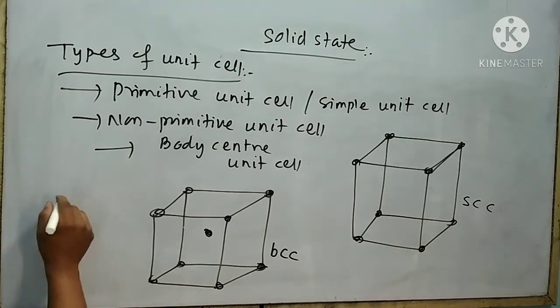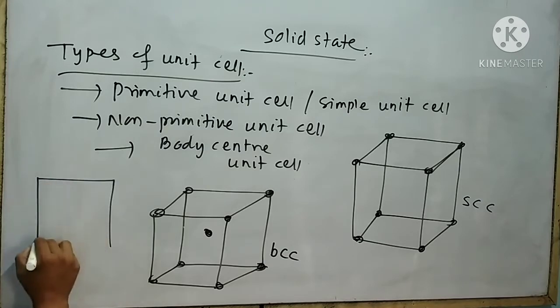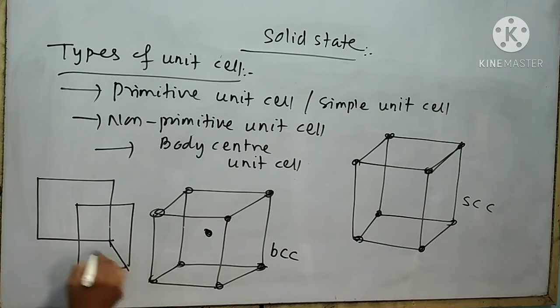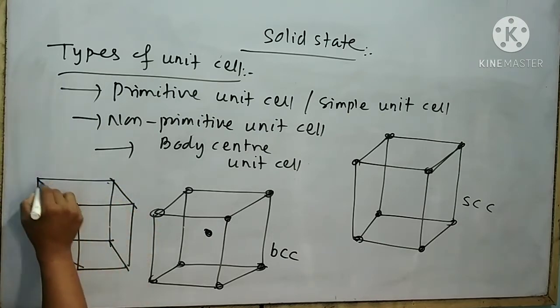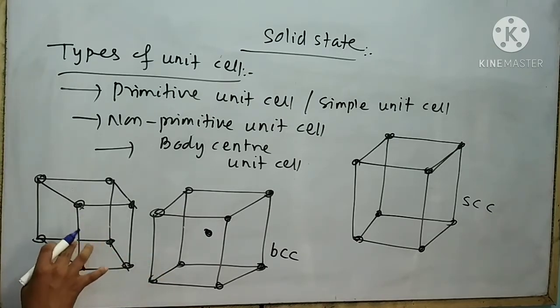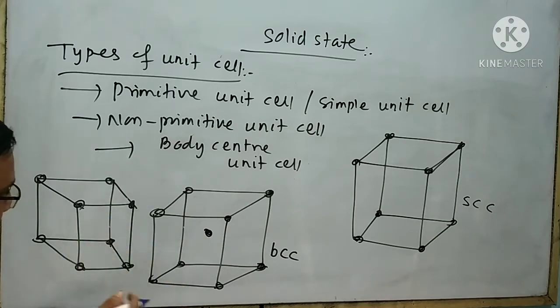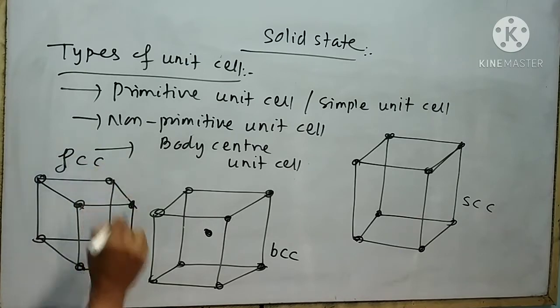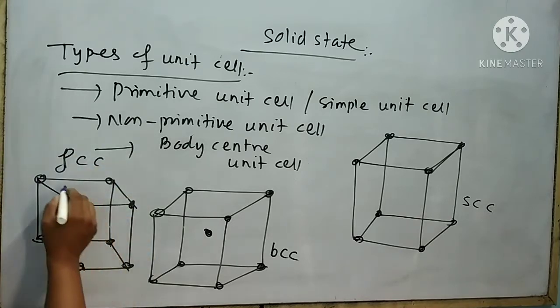Next is the face-centered unit cell. This is the simple unit cell. But if 6 constituent particles are present at the centers of the 6 faces, then it is converted into FCC, the face-centered cubic unit cell.